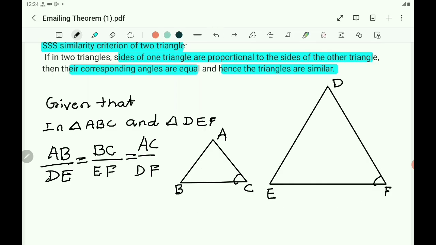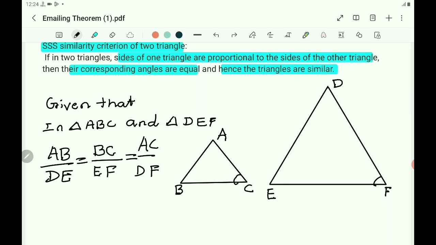And next one, angle B and angle E are opposite to the sides AC and DF. They become one pair of corresponding angles. Therefore they are equal. What you have to prove here?